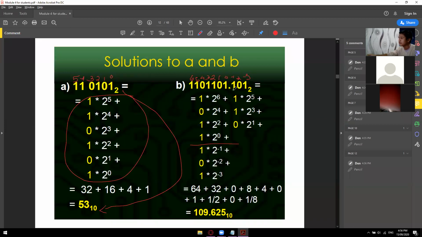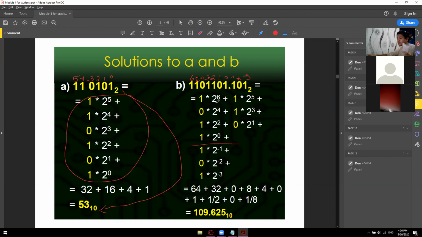And then for the decimal or fraction part, so 1 times 2 raised to negative 1, 0 times 2 raised to negative 2, and then 1 times 2 raised to negative 3. Okay? So, gamit lang kayo ng calculator. Dapat nire-recheck nyo na habang ginagawa or habang ina-explain ko. And then you will get those values.